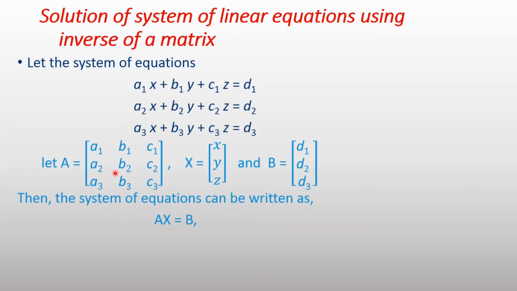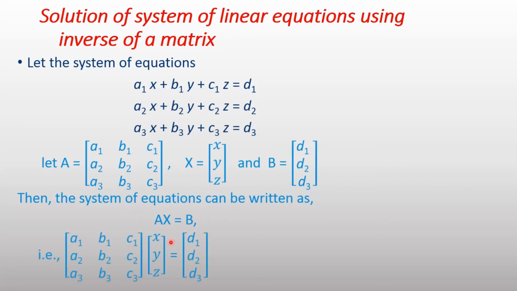Then we can write this as the matrix equation AX equal to B, because when you multiply the matrices and equate, you will get these equations. So the matrix equation is AX equal to B, where A, X and B are given here.